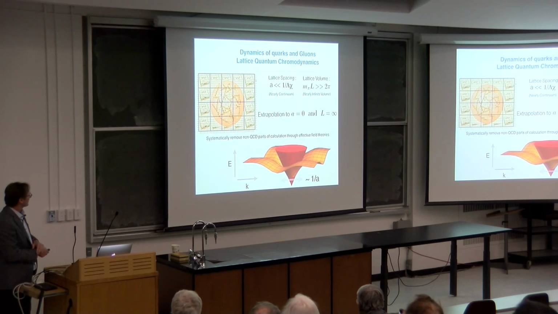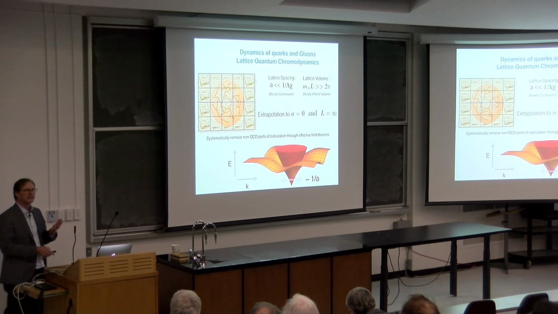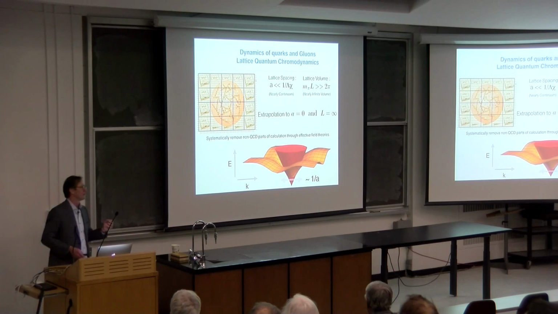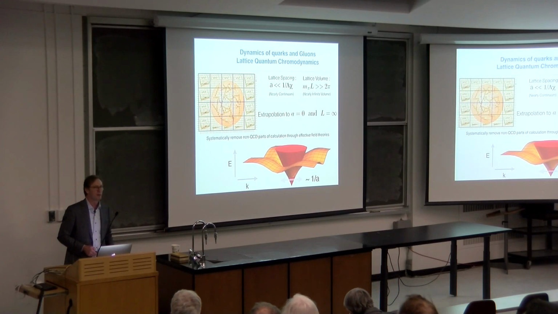And so this is a plot of the dispersion curve, energy versus momentum, of a single particle on such a space-time lattice. And you see that as long as the momentum is small compared to the inverse lattice spacing, then you reliably reproduce the relativistic energy-momentum relation. But then as you start probing scales set by the lattice spacing, you start to see deviations, and anything that you would calculate at the short distances, you'll get a number, but it's just the wrong number.